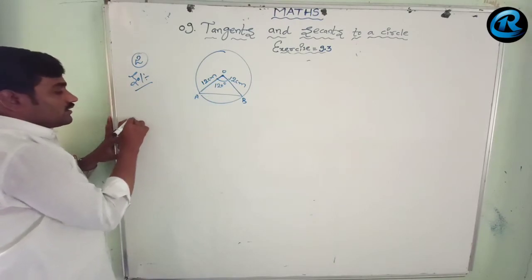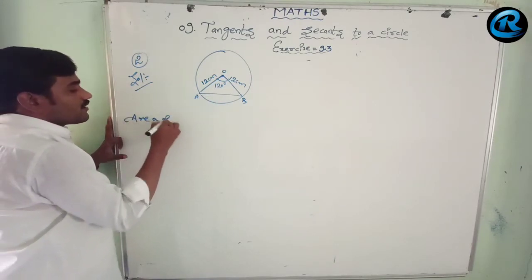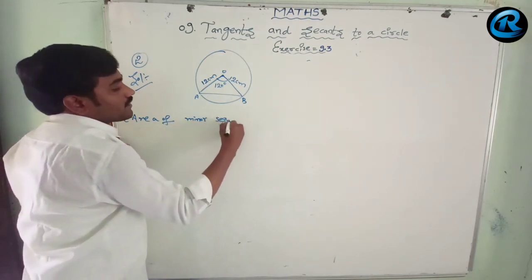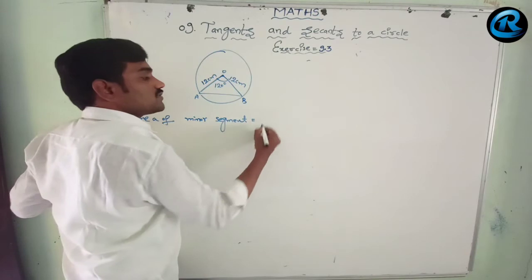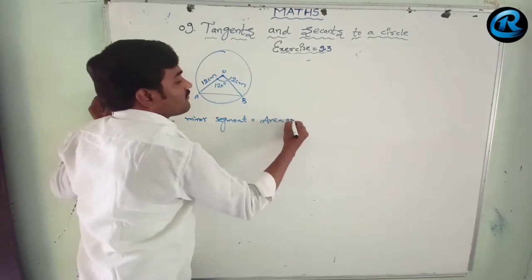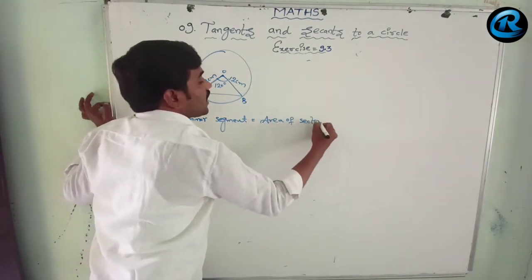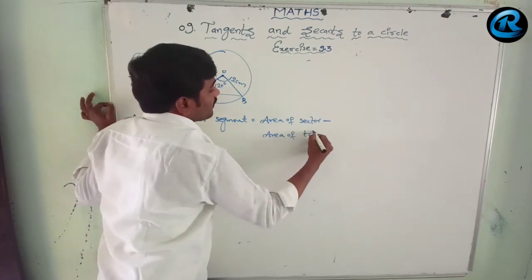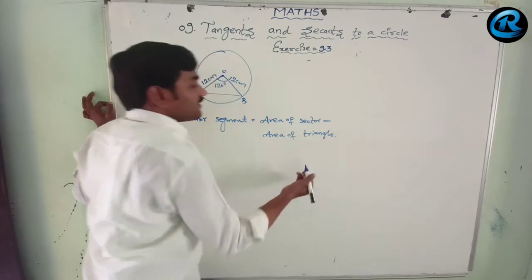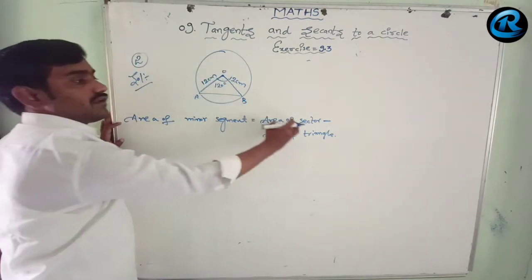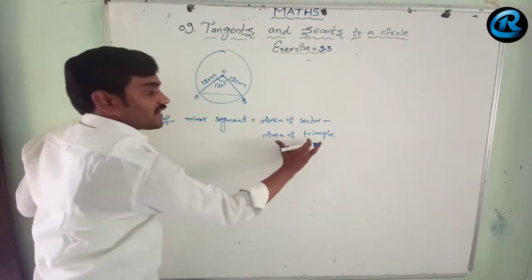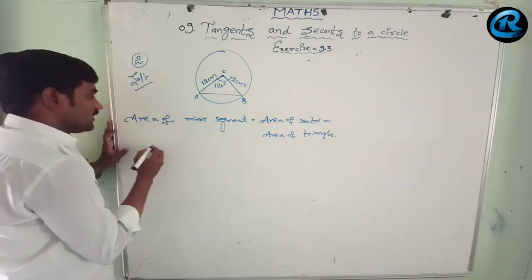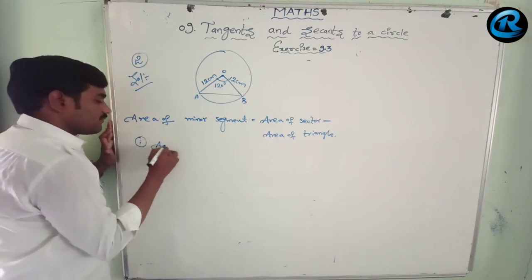Area of minor segment, the formula is area of sector minus area of triangle. Area of sector, let us find out first. Then later we will find out the area of triangle. Then we will subtract both later. First of all, let us go for area of sector.